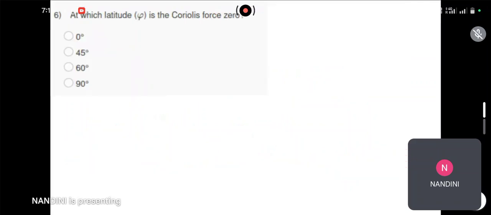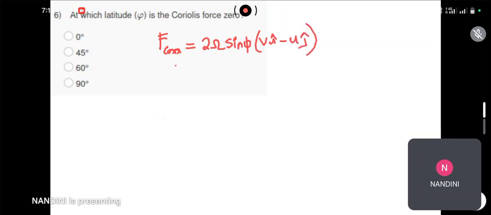Now, at which latitude is the Coriolis force zero? We know F Coriolis is given by 2 omega sine phi into (pi minus qj). Phi is the latitude. If sine phi is equal to 0, it means F Coriolis is equal to 0. So what will be the value of phi? Phi will be 0 degree, right?